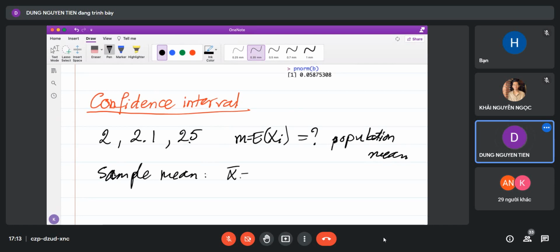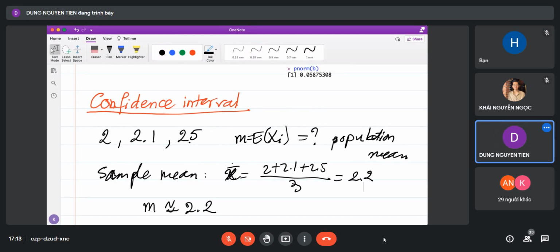The sample mean in this case is 2 plus 2.1 plus 2.5 divided by 3, and you get 2.2. So you may say that the population mean is close to 2.2. That is what you think. It is true. It is close to 2.2.